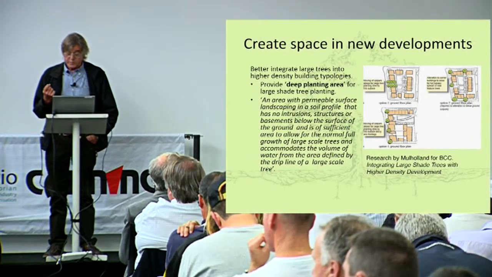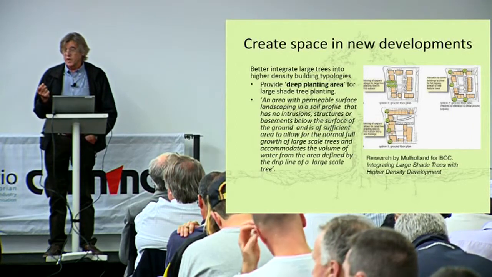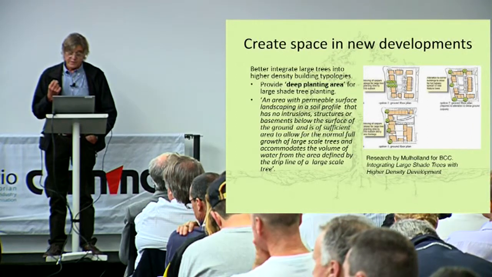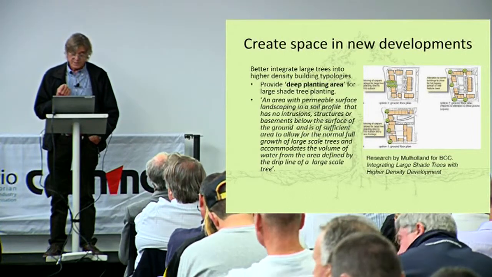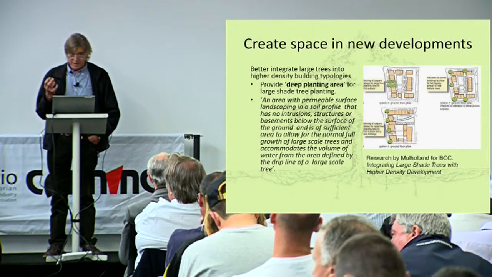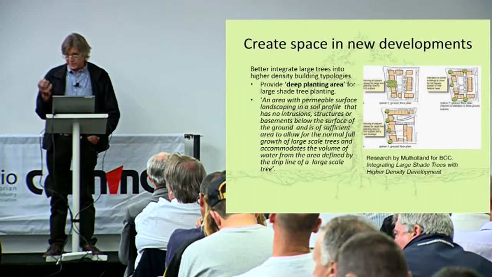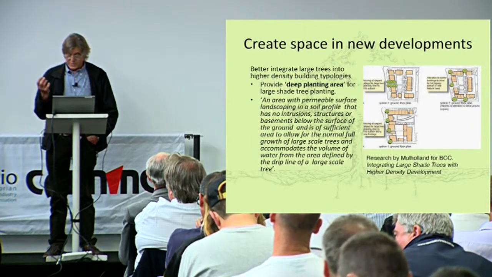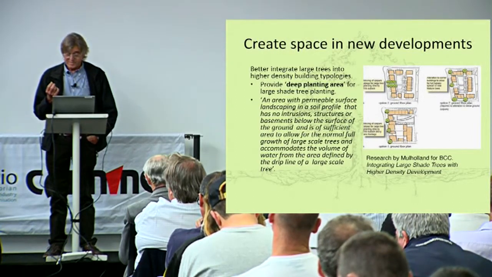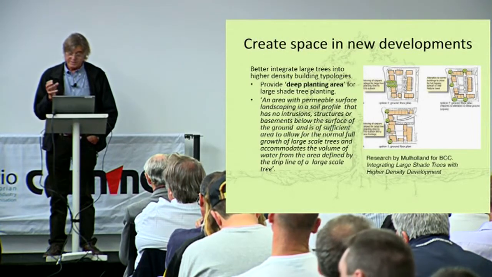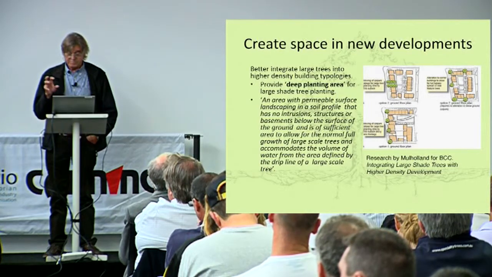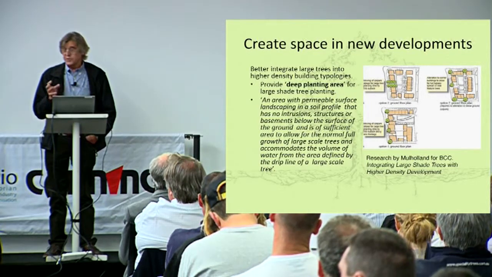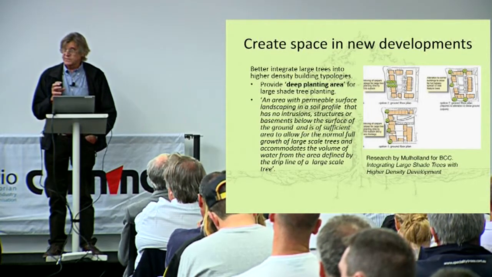Often new development will require a certain amount of open space, but we should also be providing what he calls a deep planting area. So we should be providing a permeable, high volume, large soil volume, free of obstructions, where somebody can plant large trees. And he gives examples where you can redesign a potential development, without reducing the lot yield, to actually create larger spaces for trees.